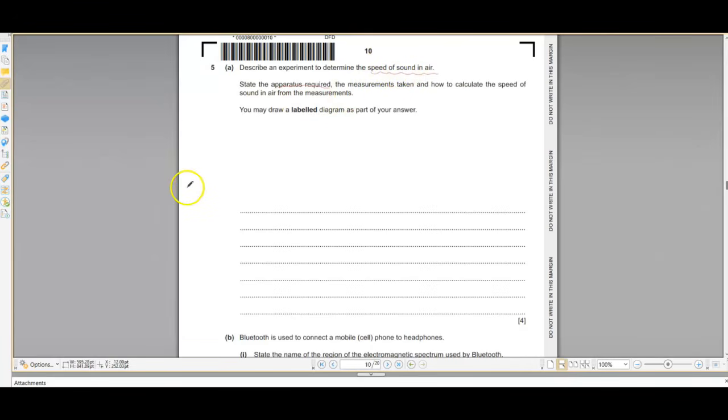Acha, we are going to be doing this experiment that I'm writing over here. So what do we need?